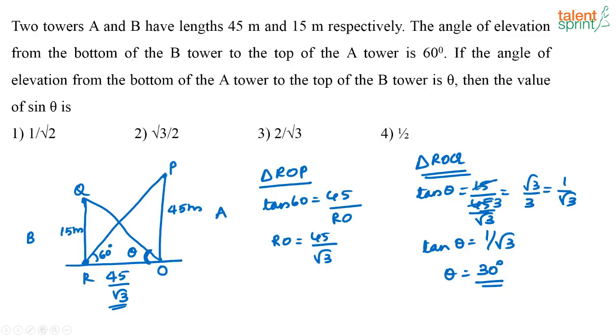Now what is the question? You have to find out the value of sin theta. So what is sin theta? Sin theta is equal to sin 30, that is equal to 1 by 2. So the correct answer here is option 4, 1 by 2. Is it clear?